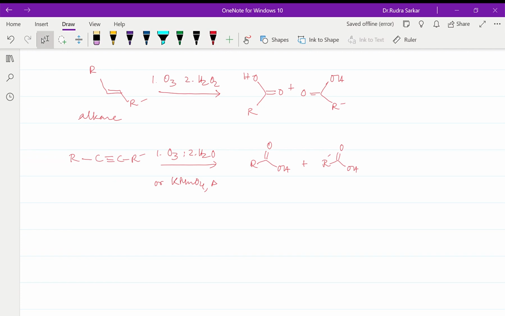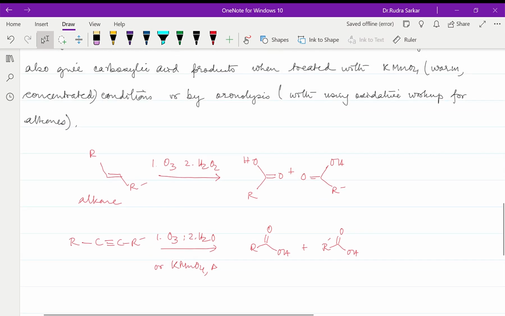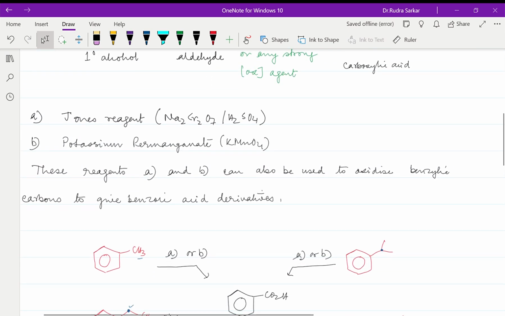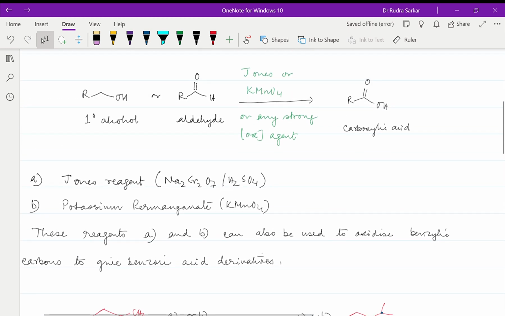So these are the synthetic procedures by which we can convert, as we have seen in the first case, that alcohols can be converted. So we will call this one procedure, or aldehydes to carboxylic acids.